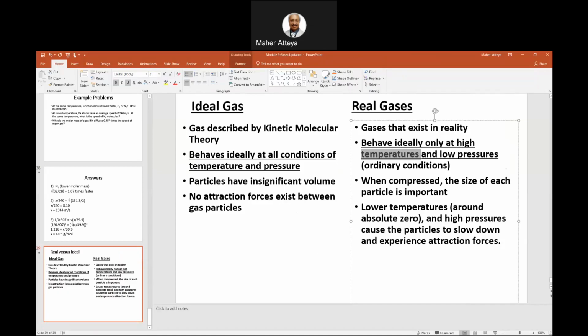They come together and start having some interaction among themselves. So if it's like a frozen real gas at absolute zero, you will see those molecules come together. But an ideal gas doesn't. They spread out all over the place. So therefore, there is no ideal gas. We just use it to help us calculate the conditions we have.